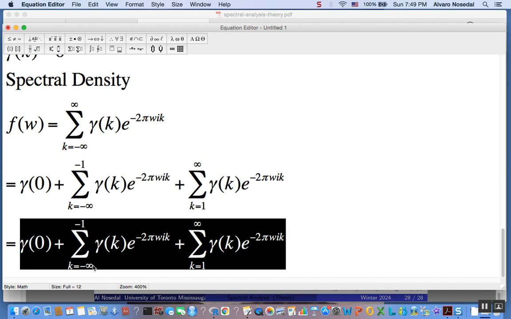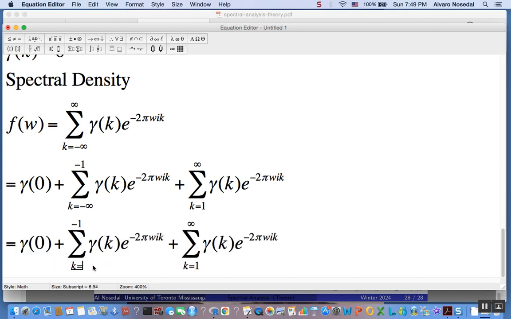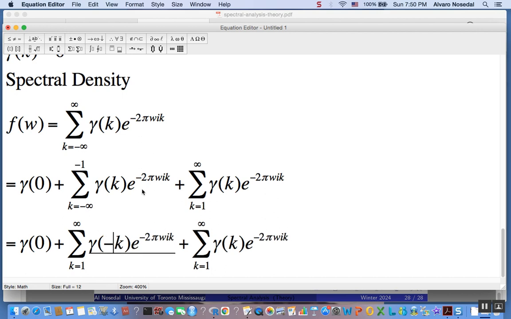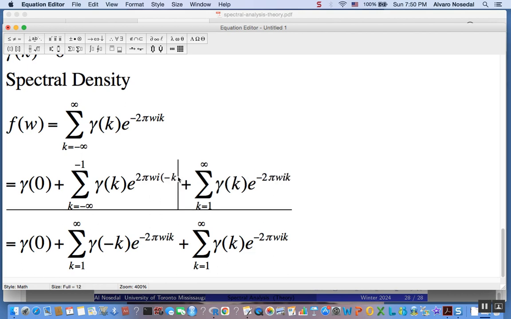So now I'm going to be doing this from 1 to infinity, and we have negative k here. Now note, for instance, here, for the original one, you have that negative sign here. Let me replace it with k. It's the same thing that we had.